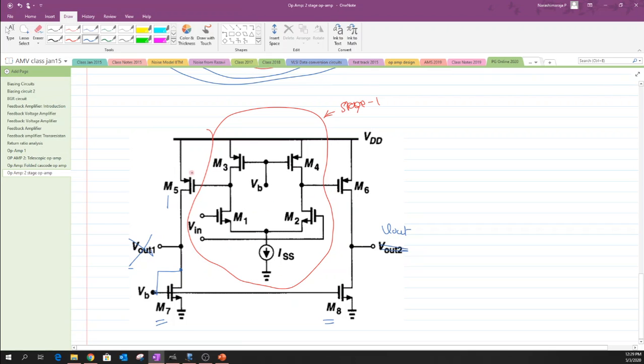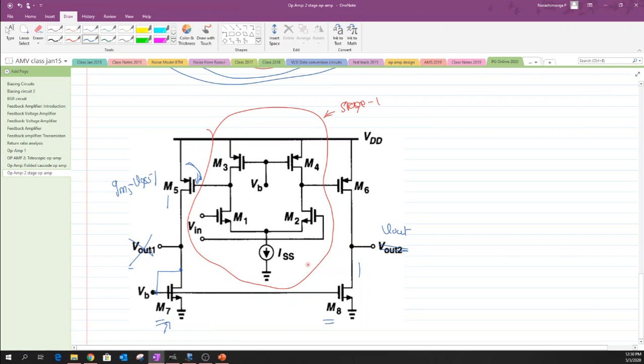Since the output of stage 1 is fed as a gate input, there is certainly a current flow through this M5 structure whose value is written as GM5 times the Vin that has been applied across the gate and source of M5, let me write it as VGS5. We don't want this current to be wasted, and due to this, when we have M7 as a direct connected structure, it reflects this current to get distributed over here.